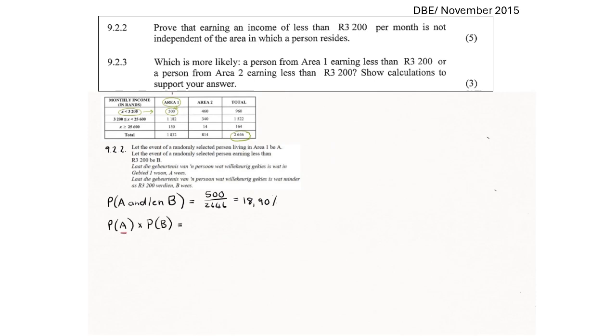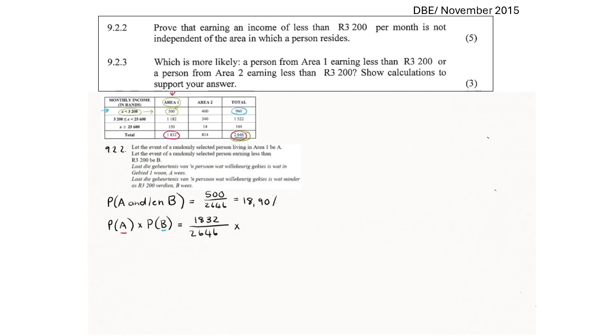Now we need to determine the probability of A times the probability of B. To determine the probability of A, we look for the total number of people who live in area A1, and that's 1,832. And we divide it by 2,646. Then, for the probability of B, we go and look for the total number of people who earn less than 3,200 rands, and that is 960.